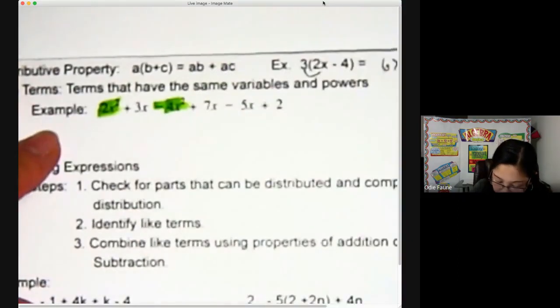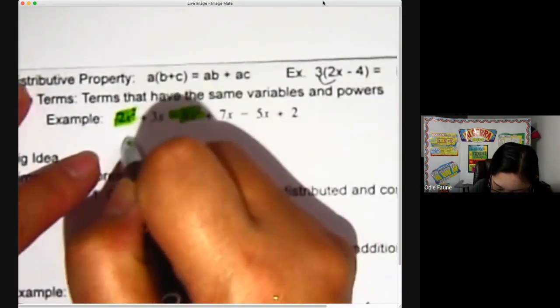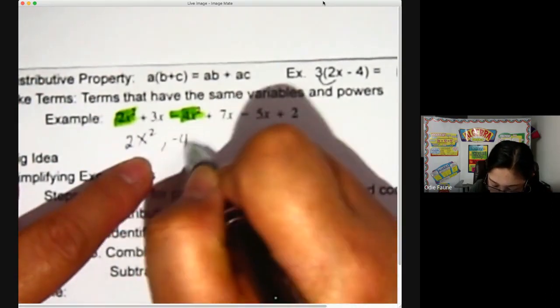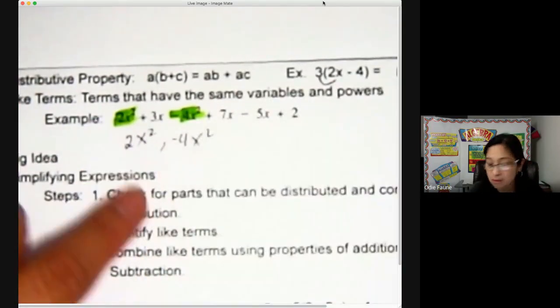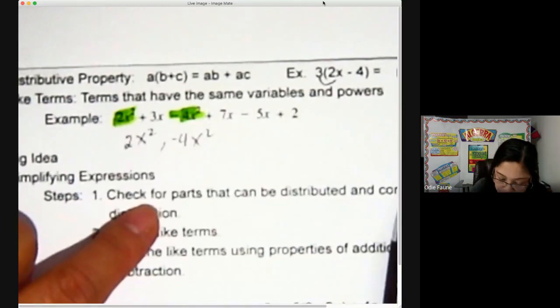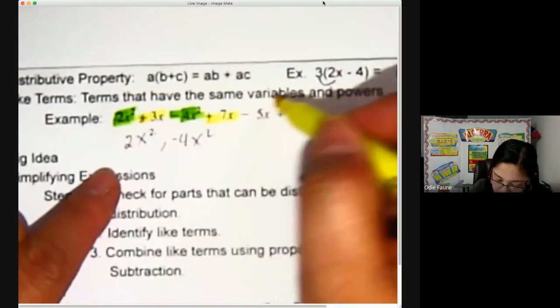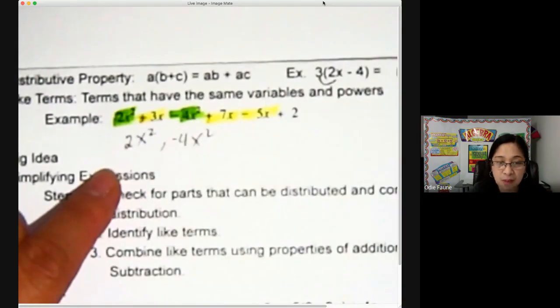So we have here 2x squared and negative 4x squared are like terms. What else are like terms? 3x, 7x, and the negative 5x are also like terms.